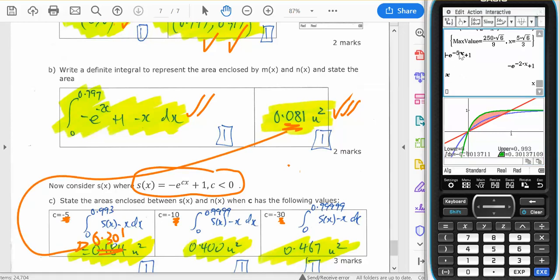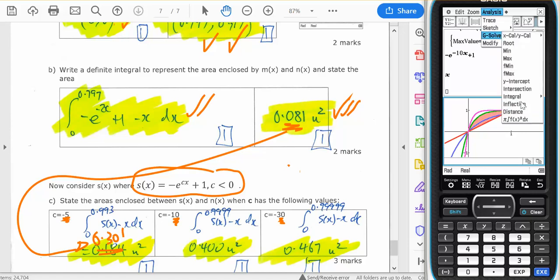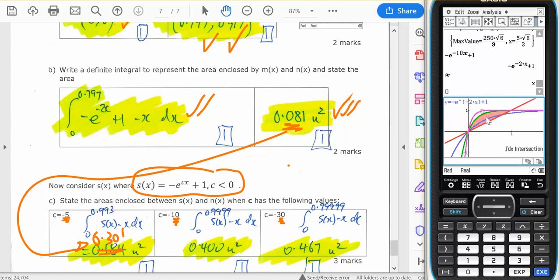Okay, so now I'm going to consider negative 10. So I'm wanting pink and red. Analysis, G-solve, integral, intersection. No, I picked the wrong one, so let's clear that.